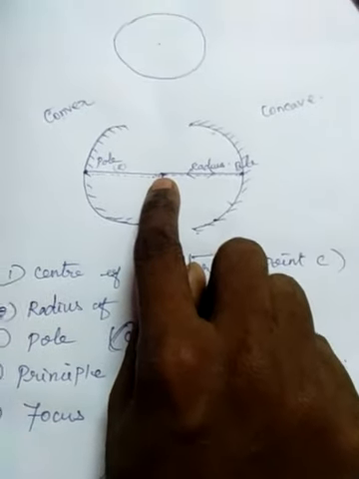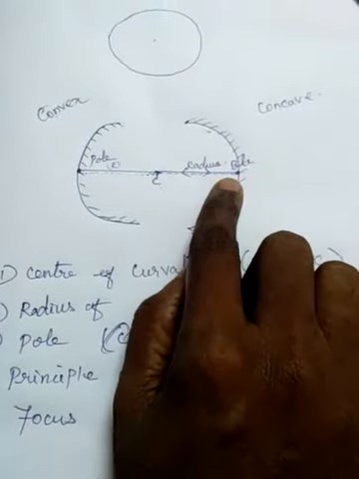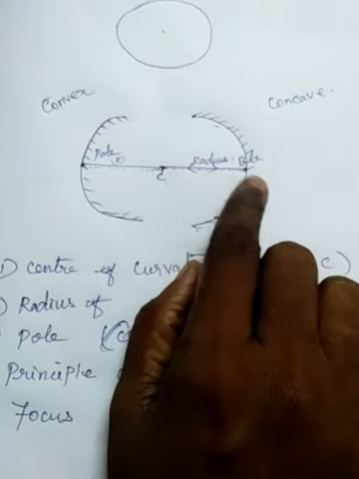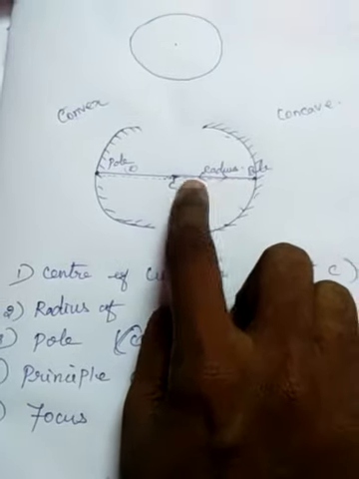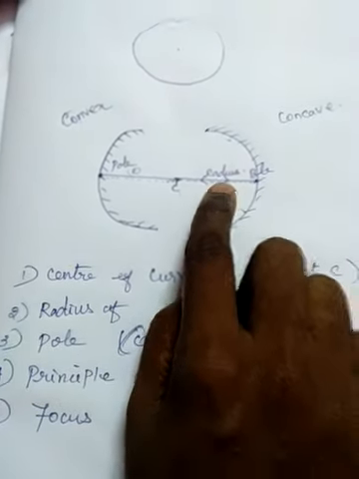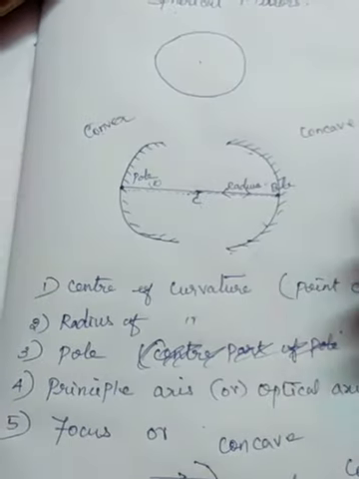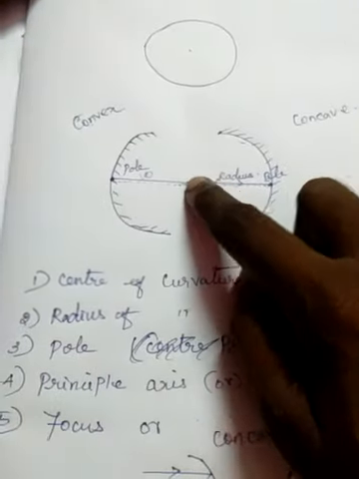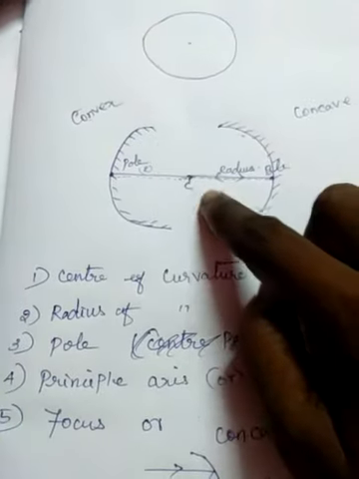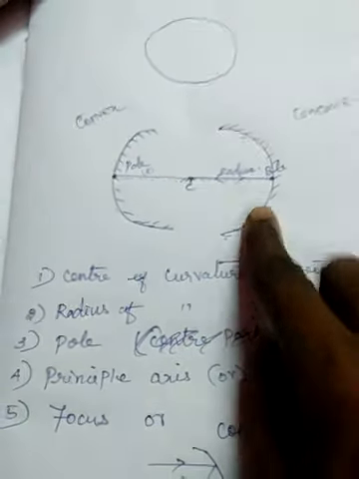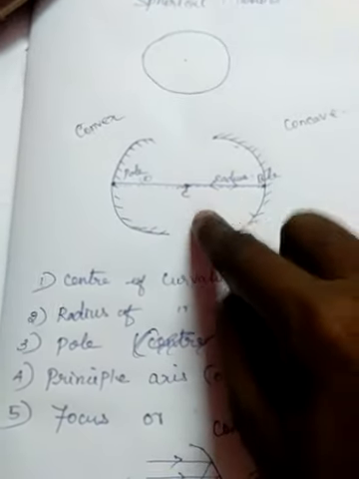The line joining the mirror to the center of curvature is called the radius. In other ways also we draw such lines, from here to here, and from here to here. So we can make many radius lines.